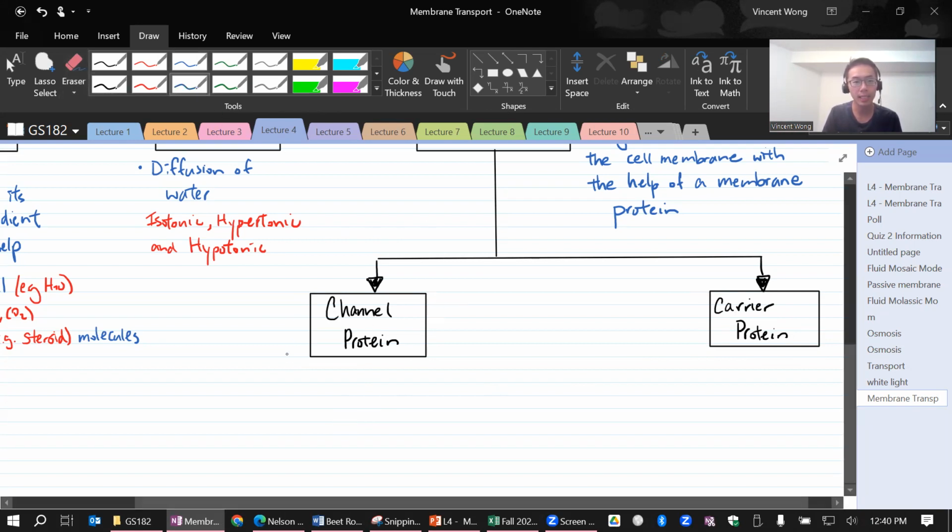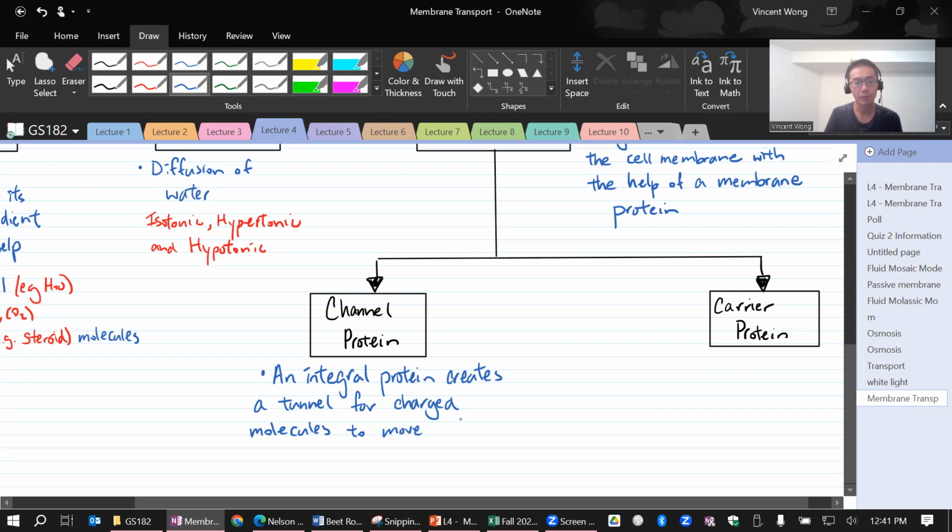So for channel protein, the integral protein, we'll say an integral, which means this thing goes right through the cell membrane, creates a tunnel for charged molecules to move through. Okay.